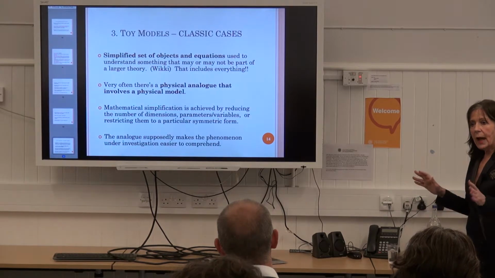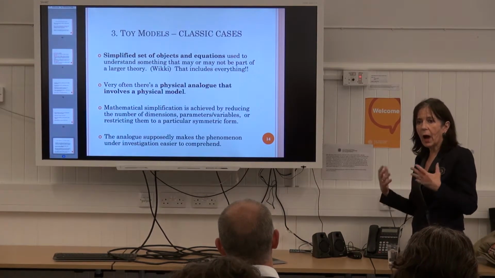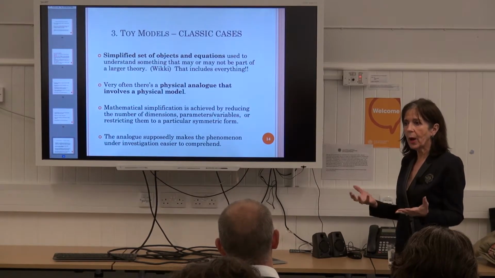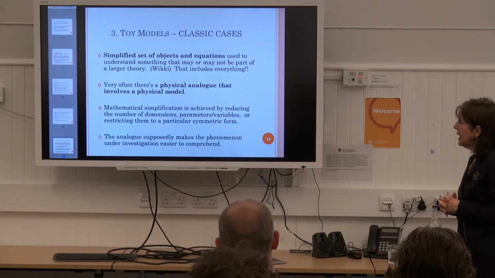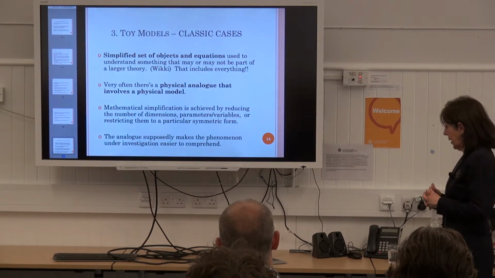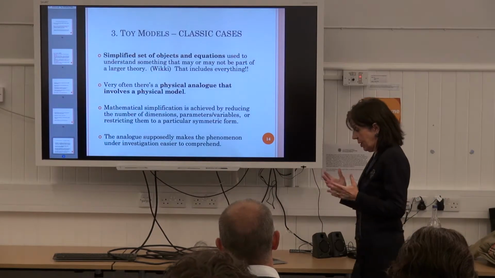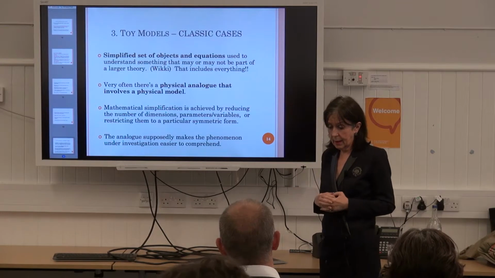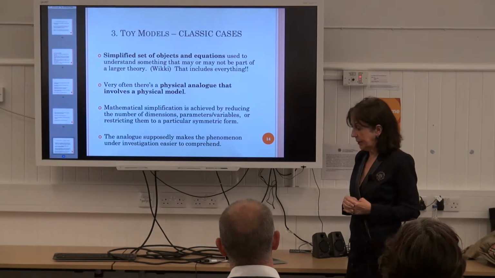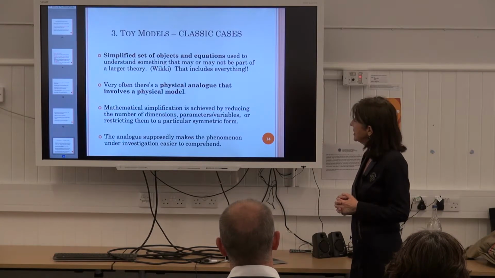given that we know now what people have been saying about toy models, what the contrast class is, what the problems with representation are, let's look at a couple of what I think are classic cases of toy models, or what's at least been described in the physics literature as cases of toy models.